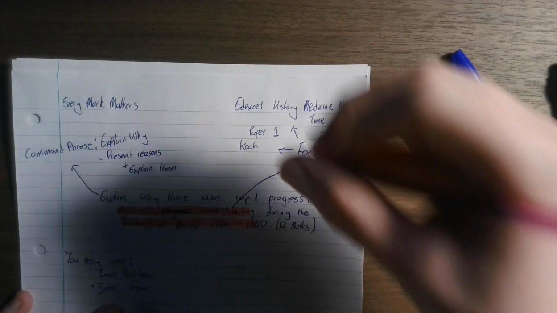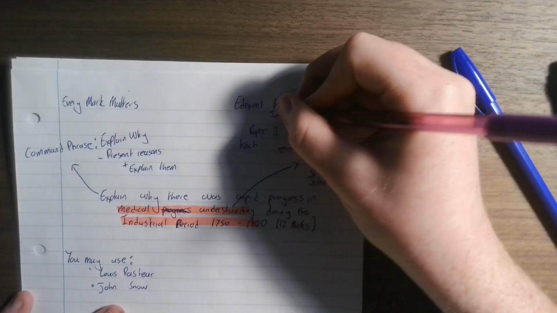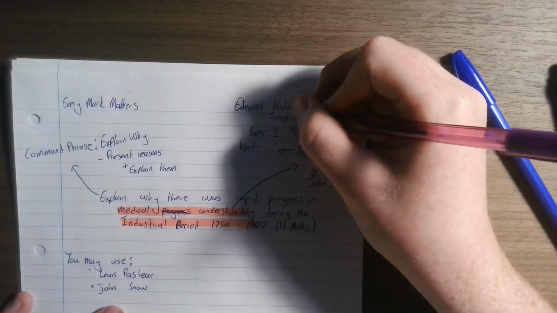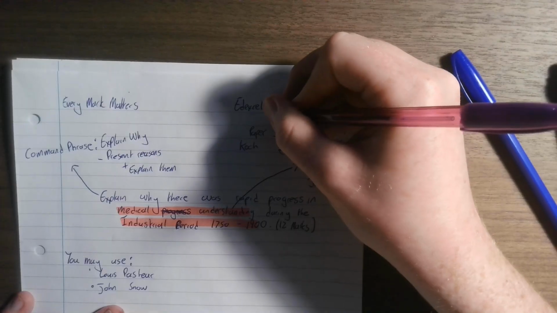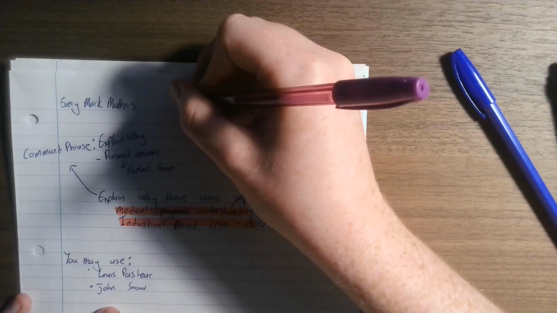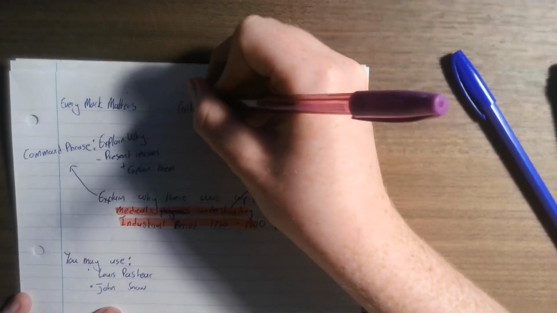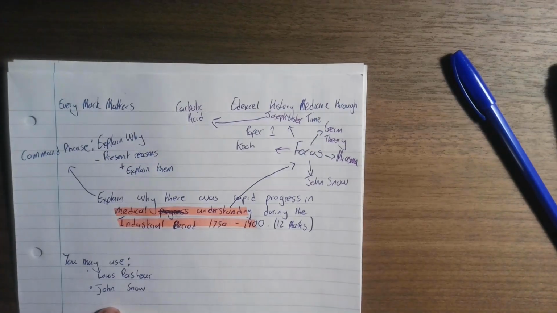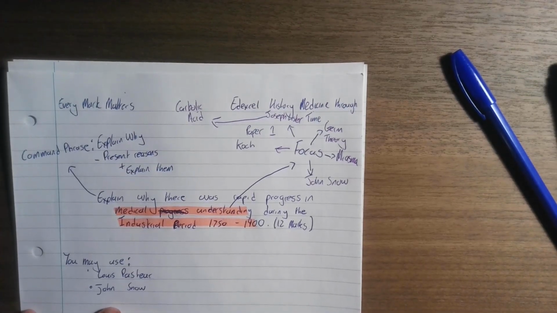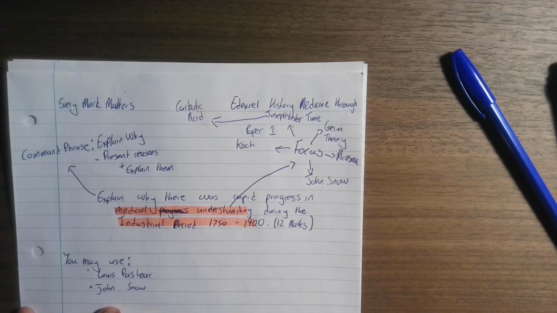You might have Joseph Lister and carbolic acid. Now I'm going to run out of space for carbolic acid. Let me squeeze it up here. Loads of great stuff here to refer to in this question.